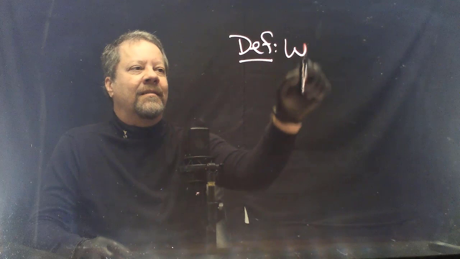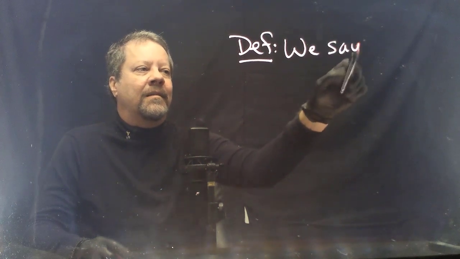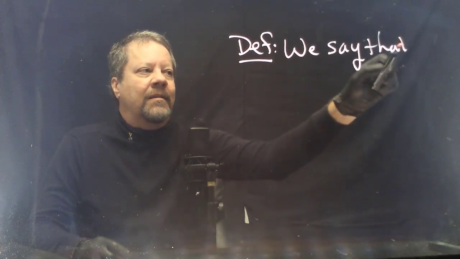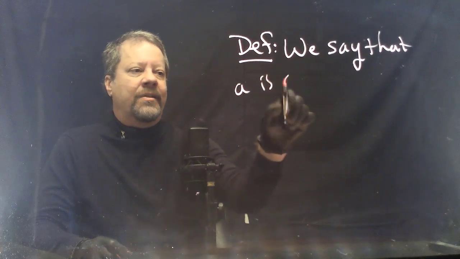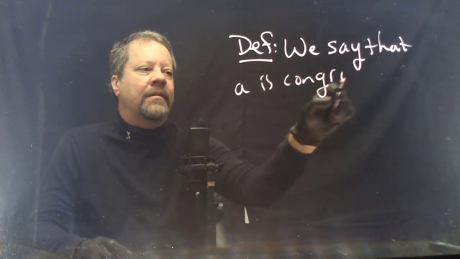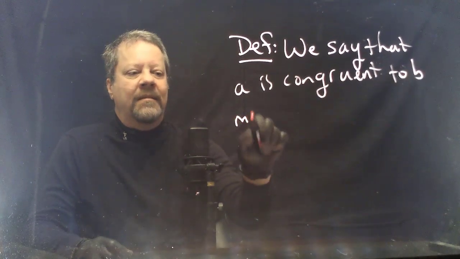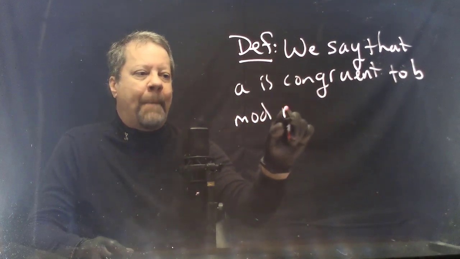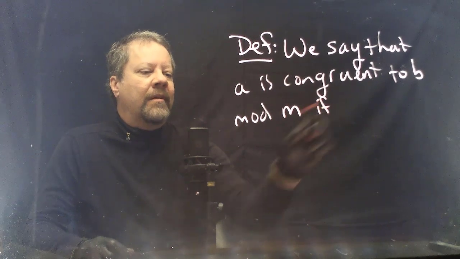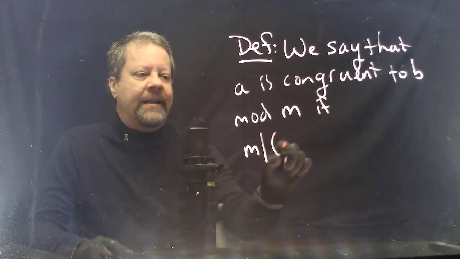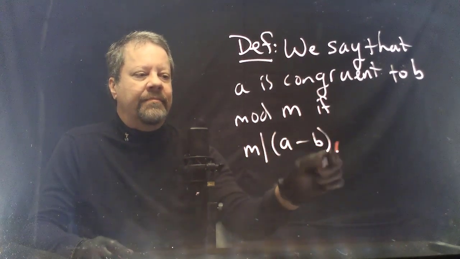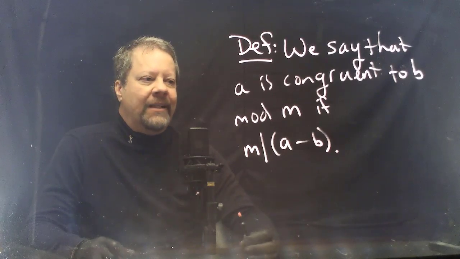Here's another definition and some notation. We say that a is congruent to b mod or modulo m if m divides the difference, if m goes evenly into it.